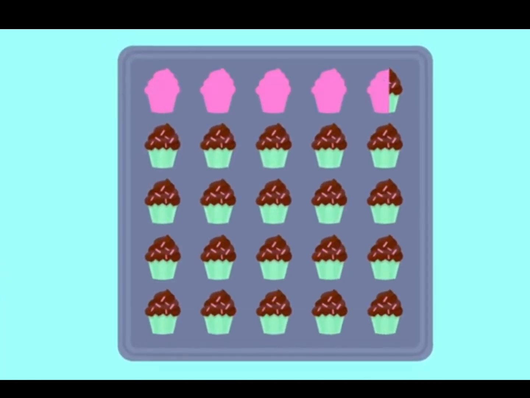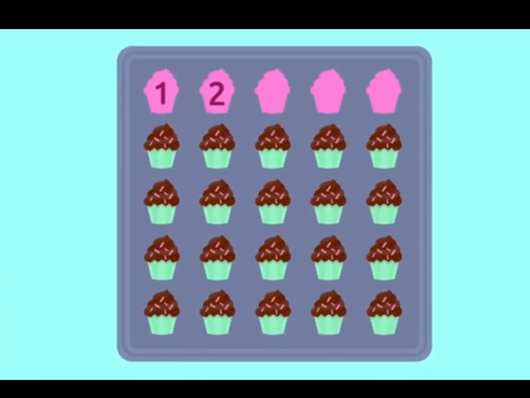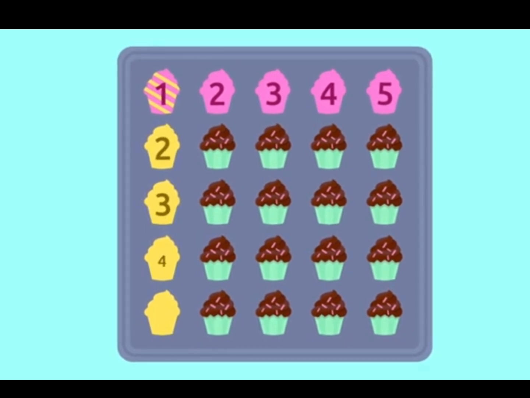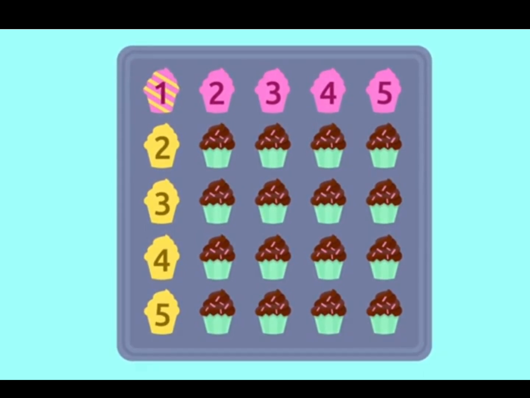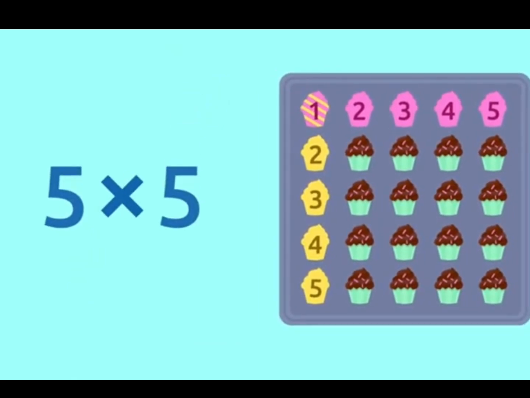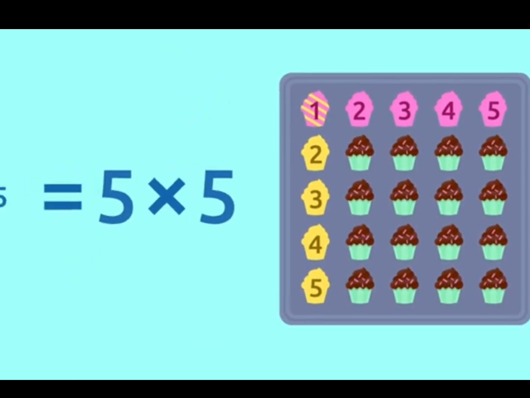Let's check the result. The horizontal side has 1, 2, 3, 4, 5 columns, and the vertical side has 1, 2, 3, 4, 5 rows. As you can see, there are 5 cakes on each side.